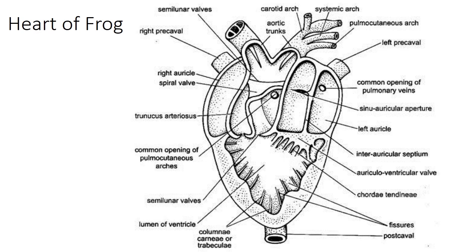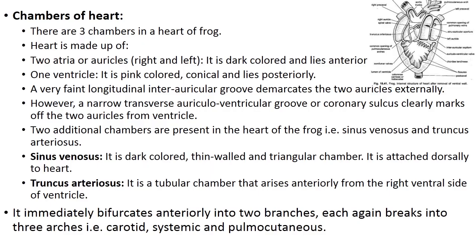Ventricular contraction forces this blood into the truncus arteriosus, and from the truncus arteriosus it leaves through the aortic arch. That is how the heart pumps blood to different parts of our body.